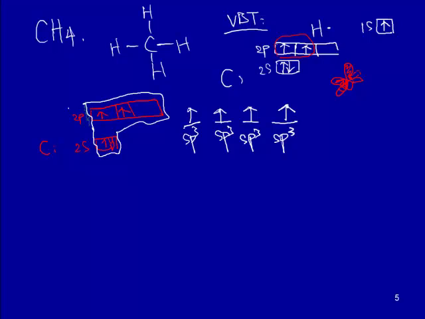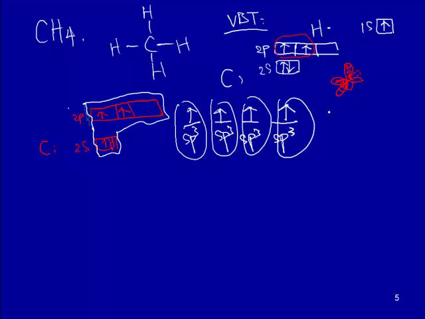This is preparing those orbitals to be bonded with 4 hydrogen atomic orbitals, the 1s orbital for hydrogen. So they can now form covalent bonds.